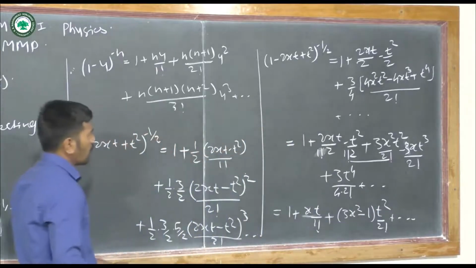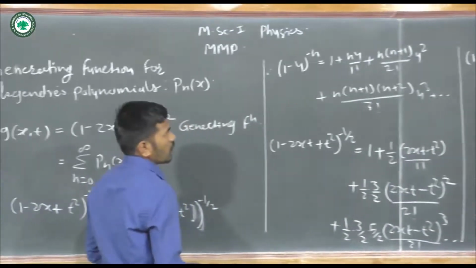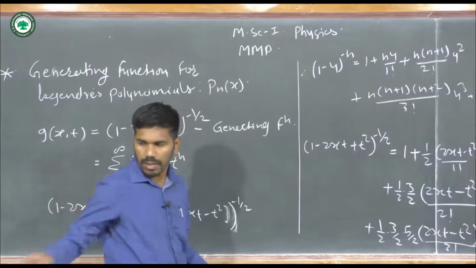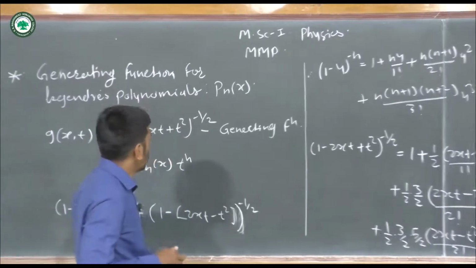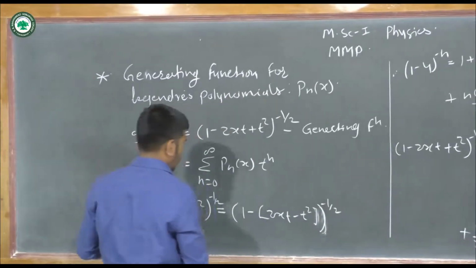Okay, so this is the expansion for 1 minus 2xt plus t square, that is nothing but the generating function of the Legendre polynomials.